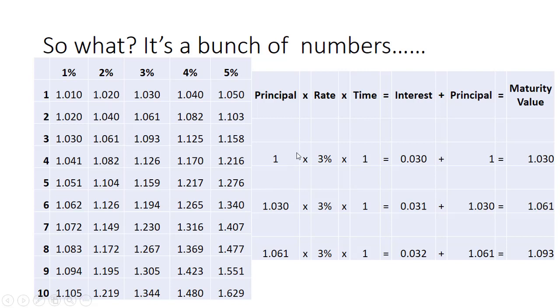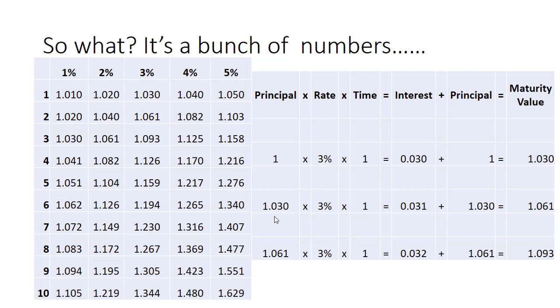So for 1 year, $1 in a bank earning 3% interest earns us 3 cents. Then we add the principal back in, so we get 3 cents in interest, $1 in principal, and we end up with a maturity value of $1.03 that we can turn around and leave in the account.